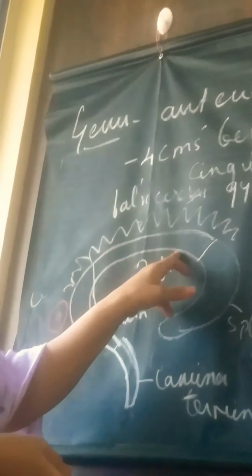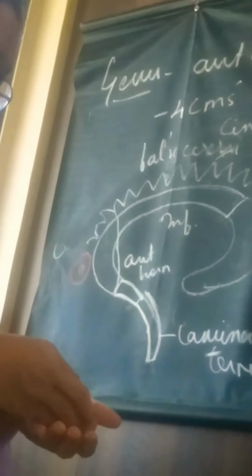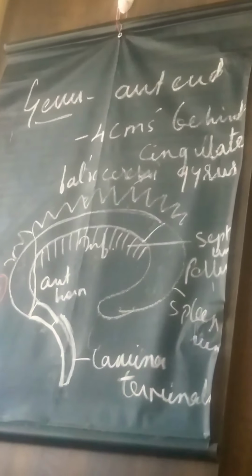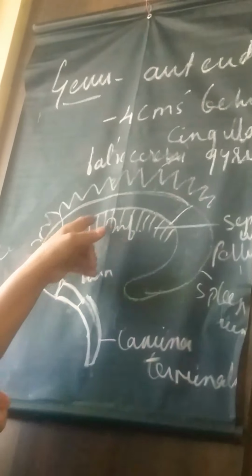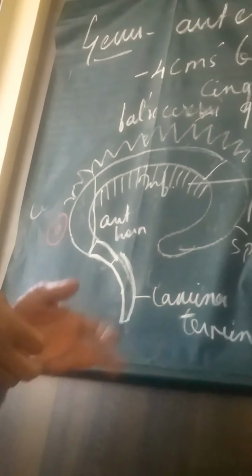The inferior surface of the trunk of the corpus callosum is concave, and it gives attachment to the septum pellucidum. What else?